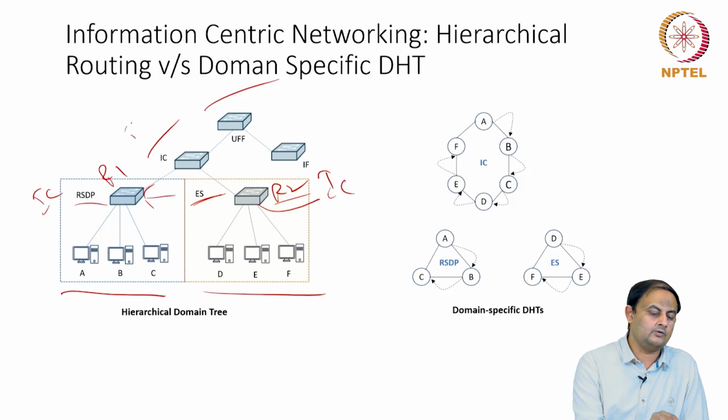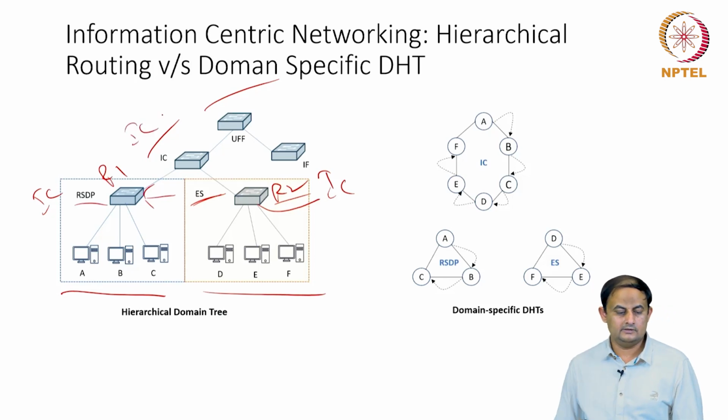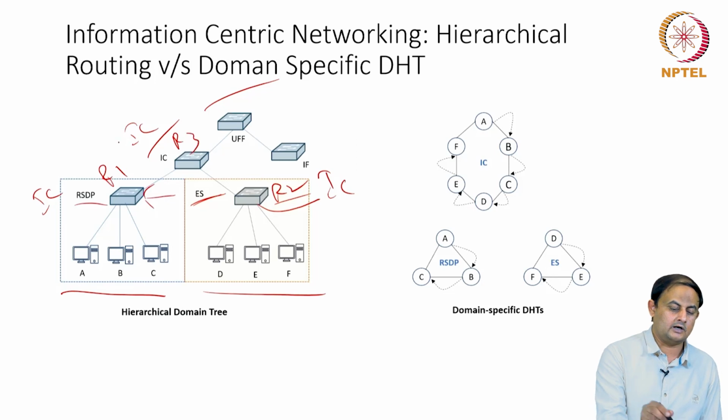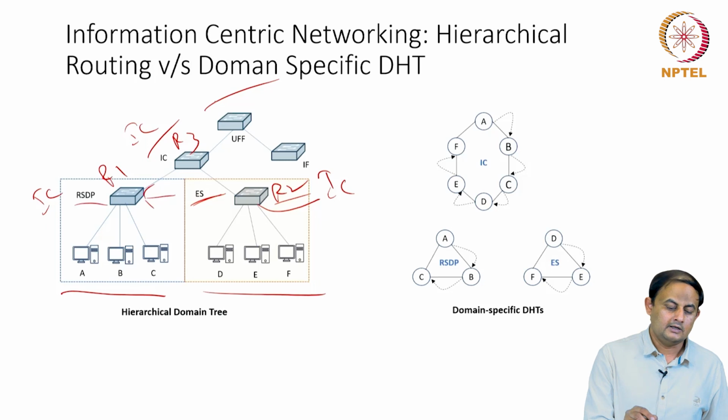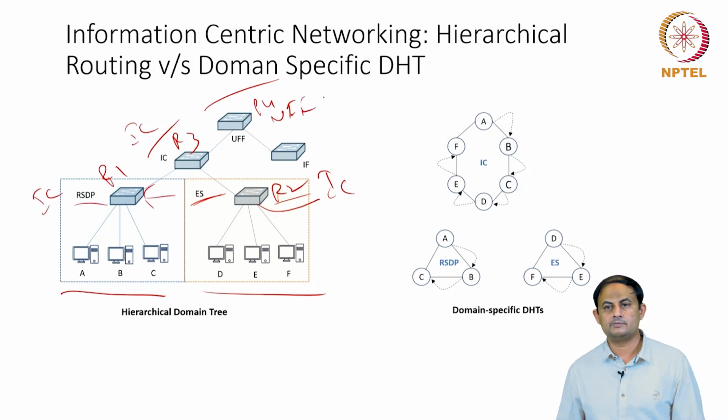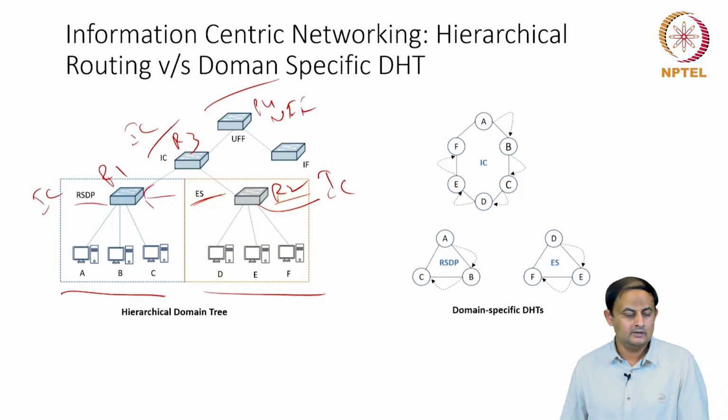Similarly, I can keep one routing table entry in this router, let's call this router R3, with the prefix IC because all of them are interested in that one. And similarly, I can keep one routing table entry with the prefix UFF in this particular router.